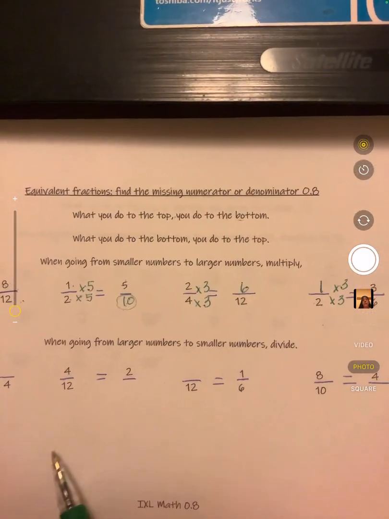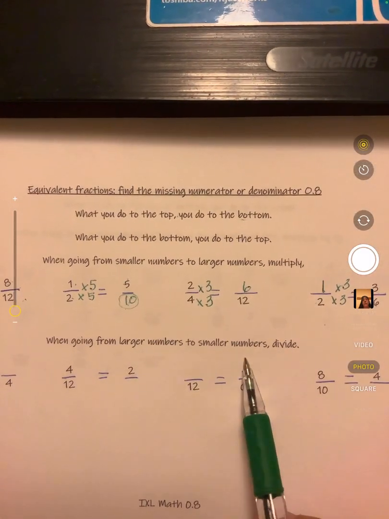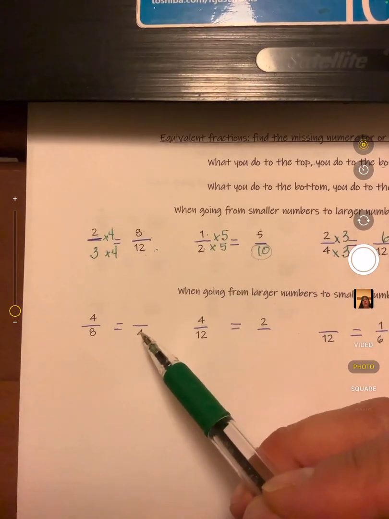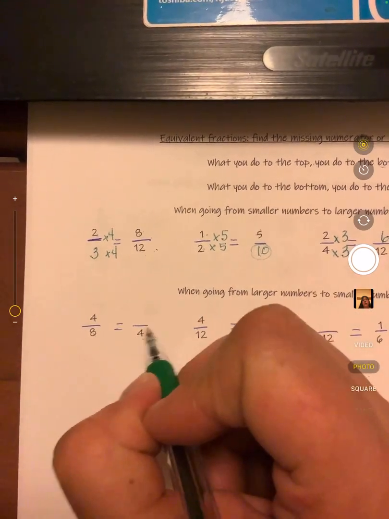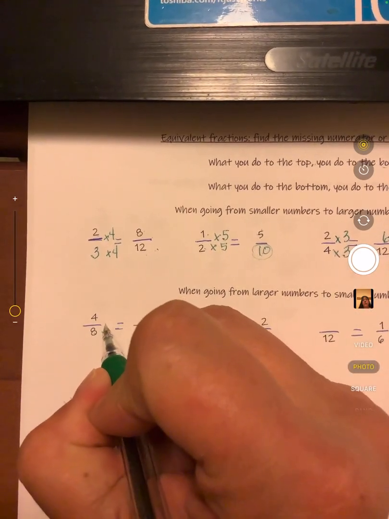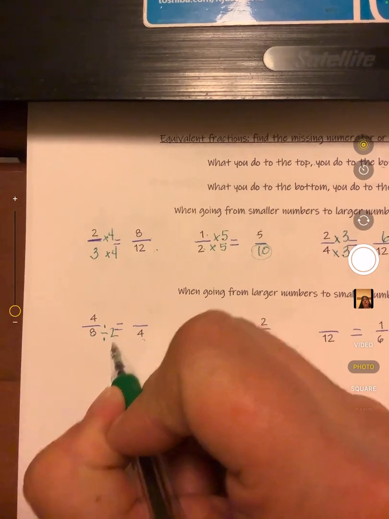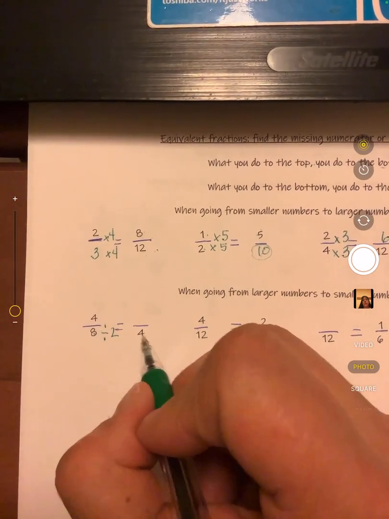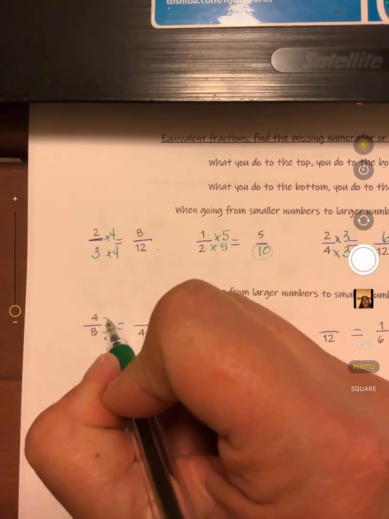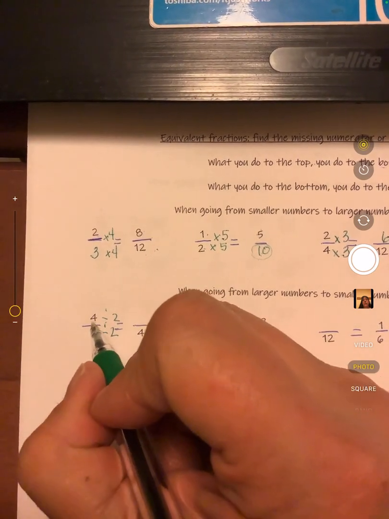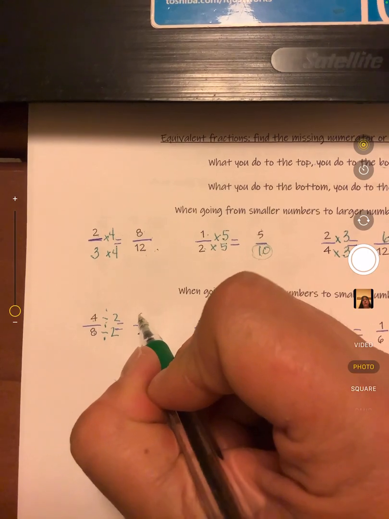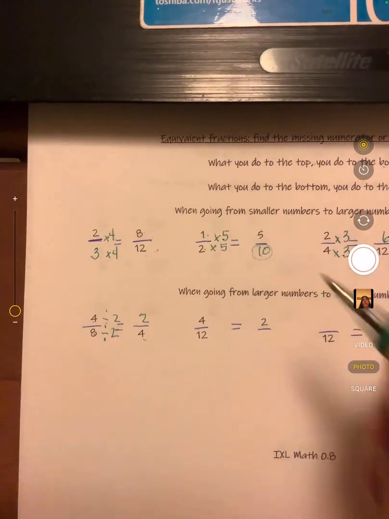Now when I'm going from a larger number to smaller numbers, I divide. 4/8 equals blank fourths. How did I get from 8 to 4? I divide by 2. 8 divided by 2 is 4, and if I divide the bottom by 2, I divide the top by 2. 4 divided by 2 is 2.